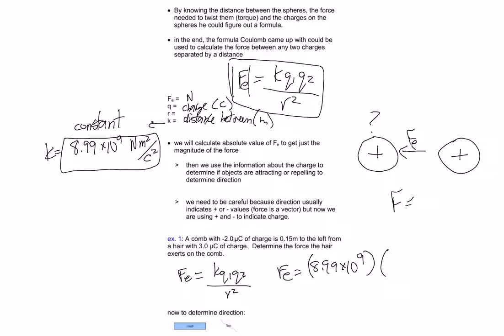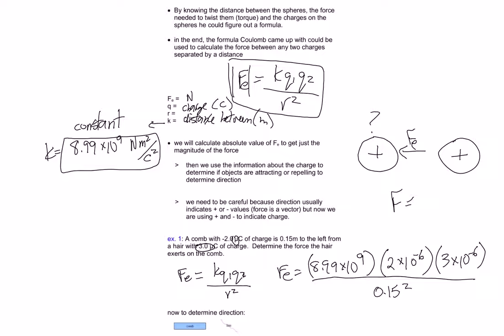We don't care if it's positive or negative, so we're just going to put in 2, and remember, micro is negative 6, so it'll be 2 times 10 to the negative 6. It says the piece of hair has 3 microcoulombs of charge, so that'd be 3 times 10 to the negative 6. And our distance is 0.15 meters. So 0.15 squared is our bottom answer.